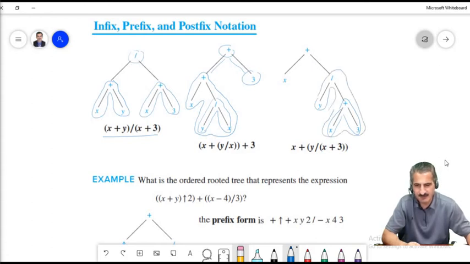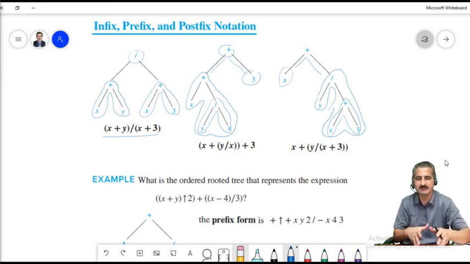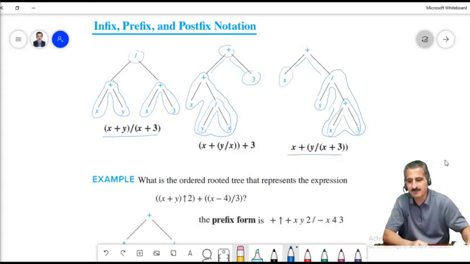And then once we are done, we will add x to what we got. So x plus 3 divide y over x plus 3 and plus x. So we get that. So you have an idea now how we transformed expressions into trees. Okay?